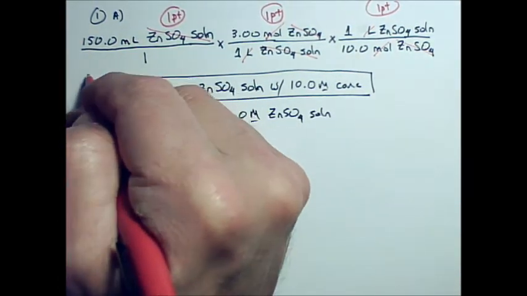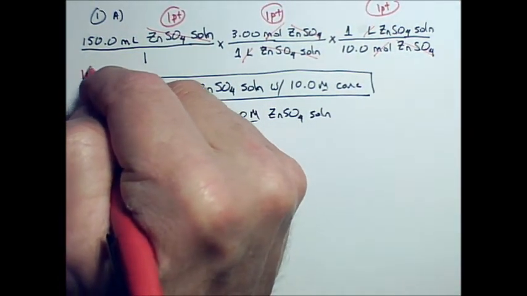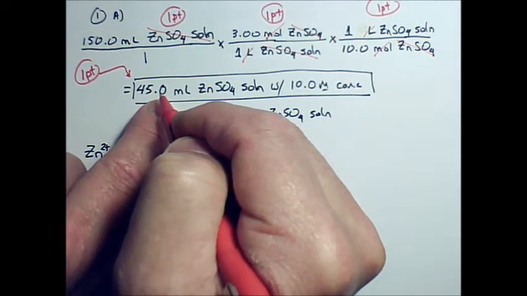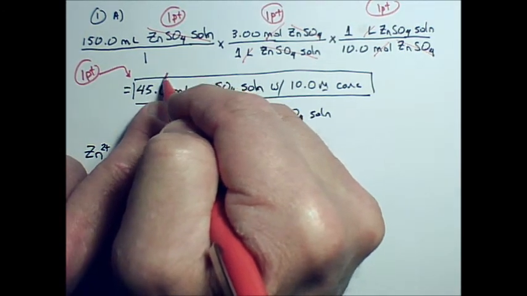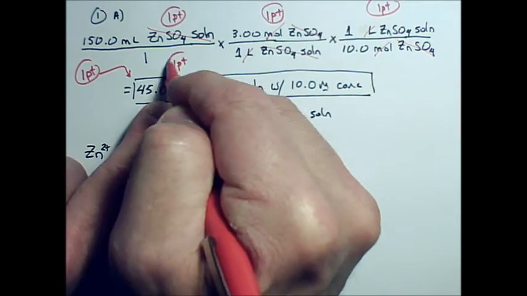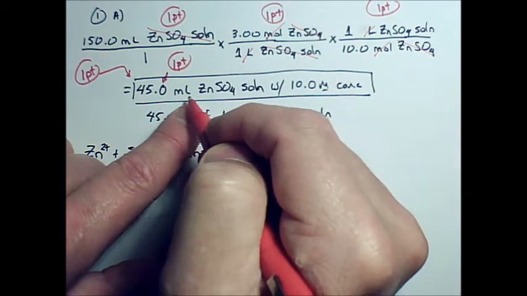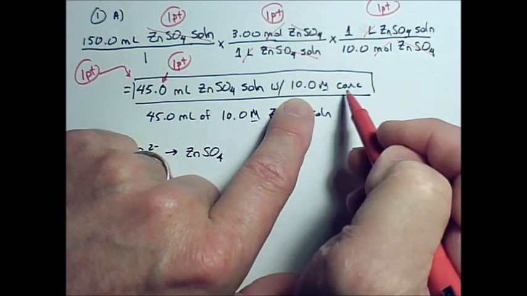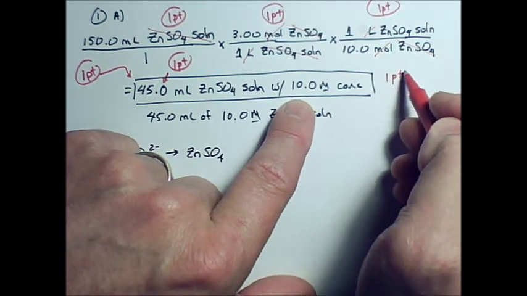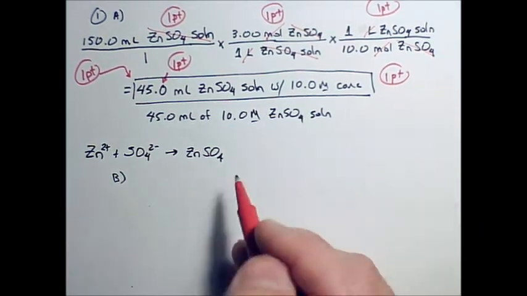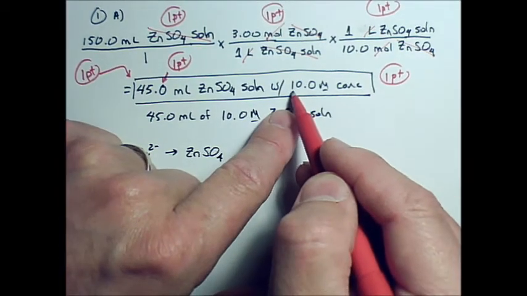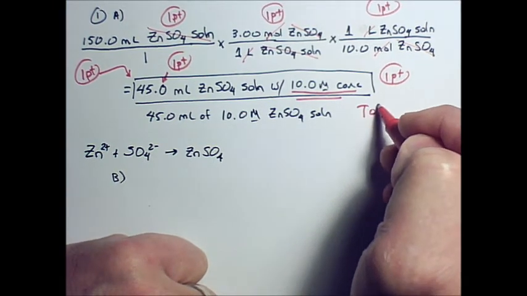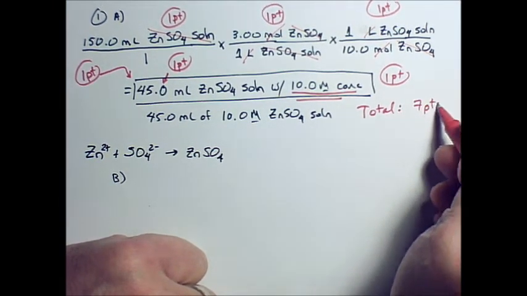Coming up with the answer of 45 that we got from the calculator is a point itself, but I want to give an extra point for getting the correct number of significant digits. The fact that they have that extra 0 to get 3 significant digits is worth a point. The key thing is that they say it's this 10 molar concentration here. That's really important. So that's a total for this problem of 7 points.